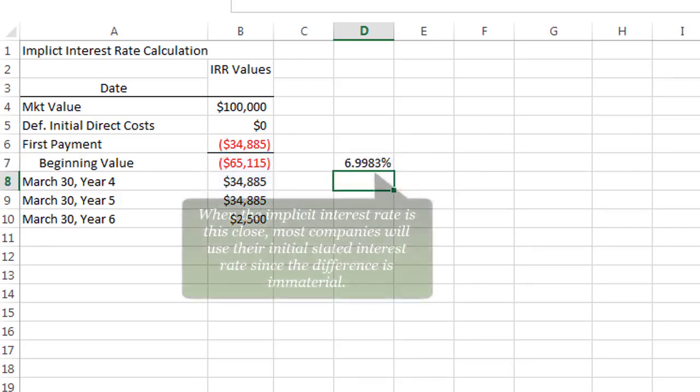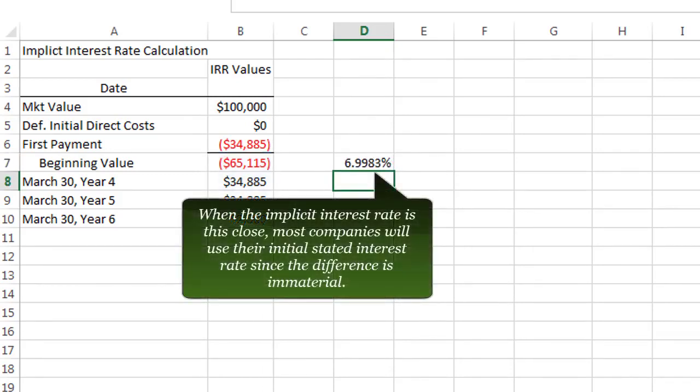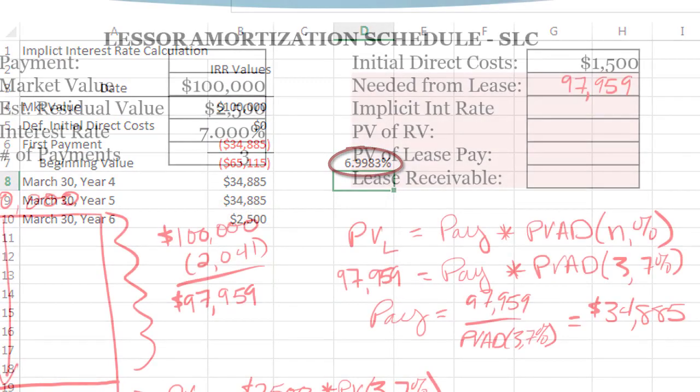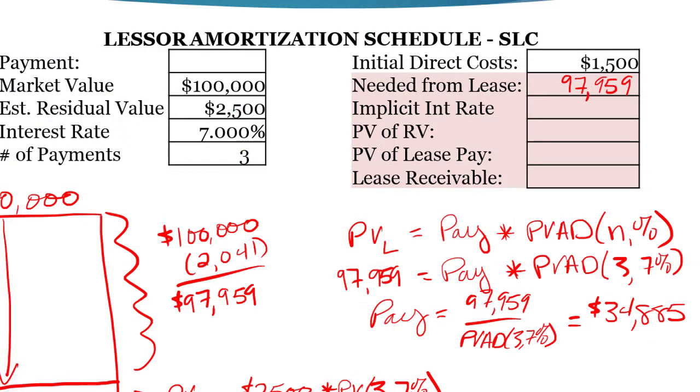So just about that same 7% as I'm charging. And usually, if I get rid of those initial direct costs, it comes out to pretty darn close to the explicit interest rate that we charged when we set up the interest payment. So let's put that in here, 6.9983.